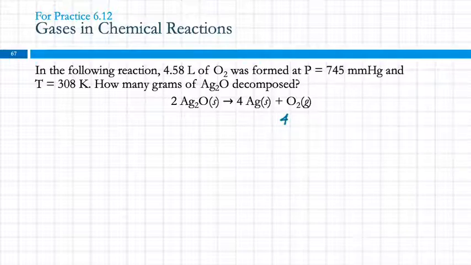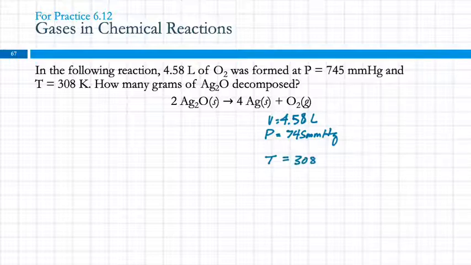So here's the oxygen, 4.58 liters, and that's its volume. And I'm told that the pressure is 745 millimeters of mercury, and the temperature is 308 Kelvin. And the question is, how many grams of this?